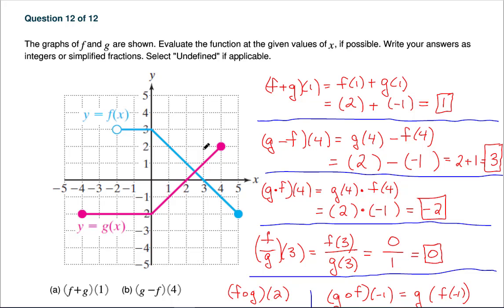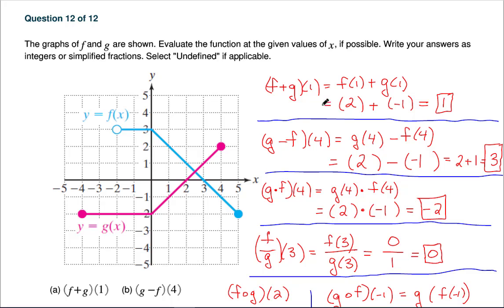So we're going to have to read the outputs off of the graph. So for example, here's 1. What would f of 1 be? Well, I go find function f and go back to the y-axis, and that's a 2. So f of 1 would be 2. If I go figure out what does g do to 1, I go look for g. I come down and back, and I get minus 1.